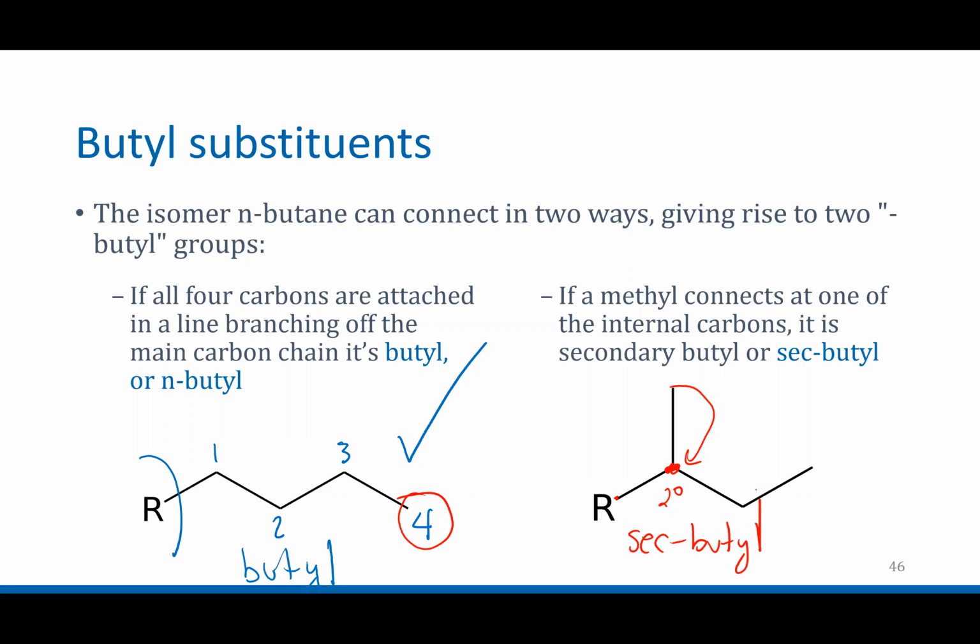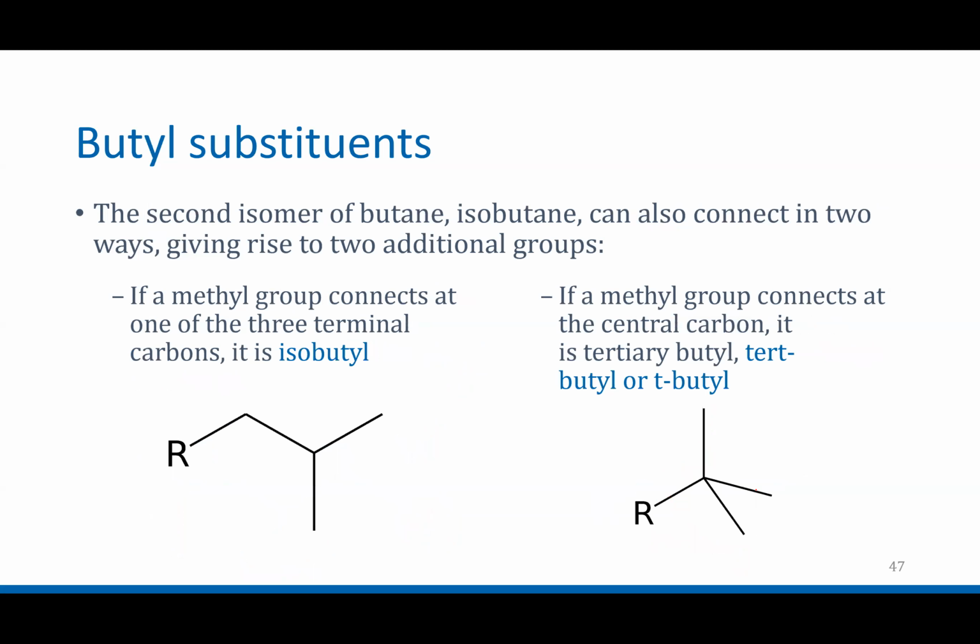Okay, so if a methyl connects to one of the internal carbons, it is secondary butyl or sec-butyl. If the methyl group connects to one of the terminal carbons, it is isobutyl. So notice here the difference is it's not connected to the first one, it's connected to the second one. This is called isobutyl.